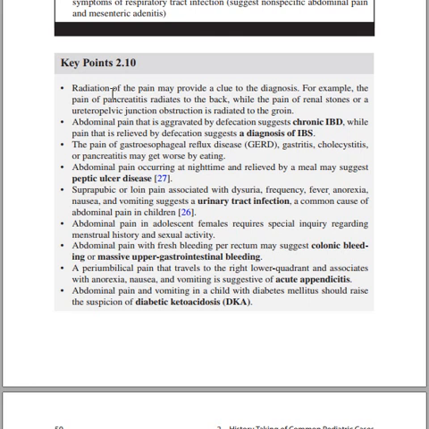Radiation of the pain may provide a clue to the diagnosis. For example, pain of the pancreas radiates to the back, while pain of renal stones or uretero-pelvic junction obstruction usually radiates to the groin. Are you getting? So the pancreas pain radiates to the back, even the esophageal pain radiates to the back.